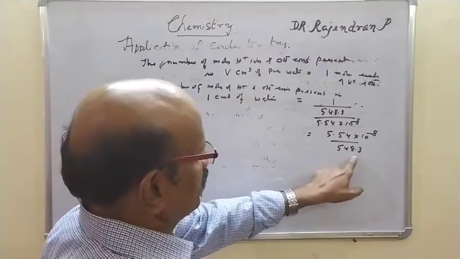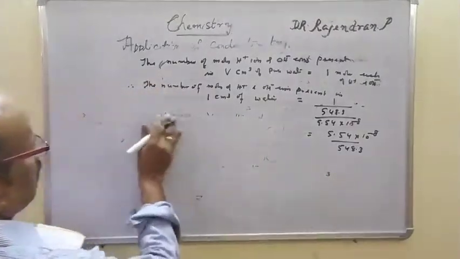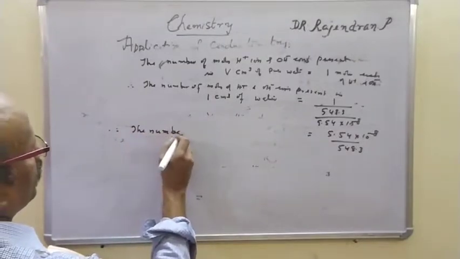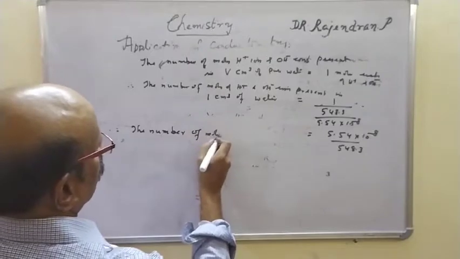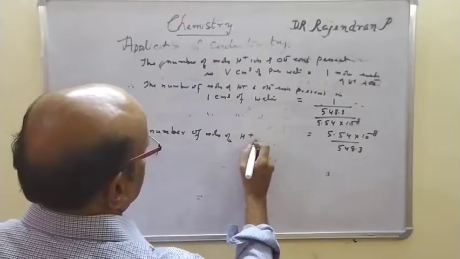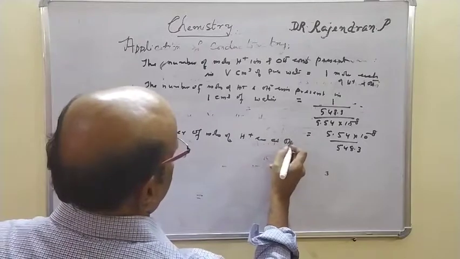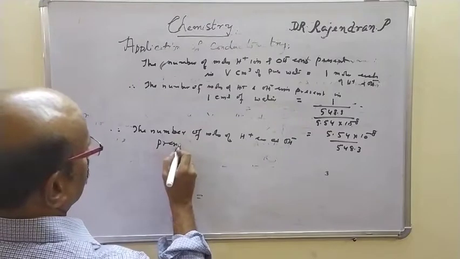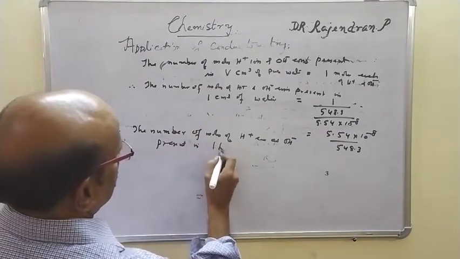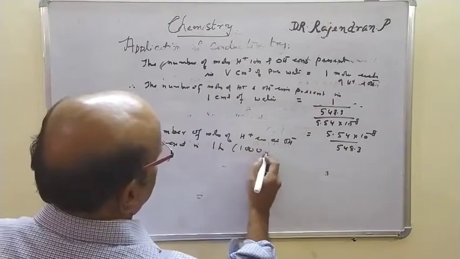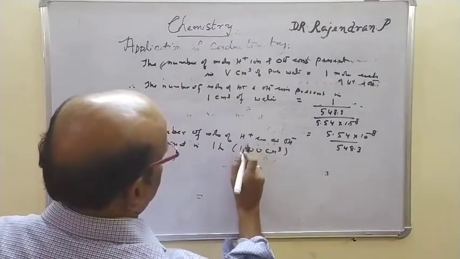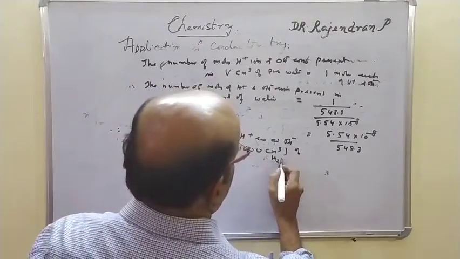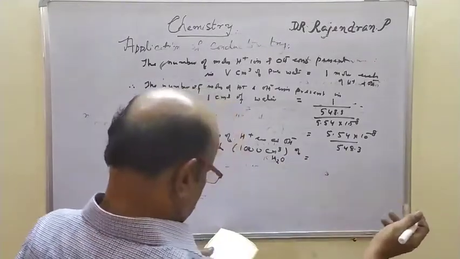Therefore, by our definition, the number of moles of H plus ion and OH minus ion present in 1000 cc, 1 liter or 1000 centimeter cube of water, is equal to that into 1000.